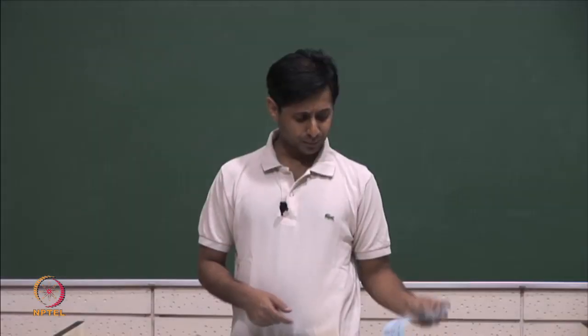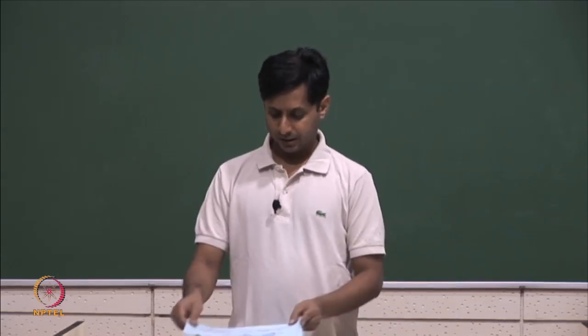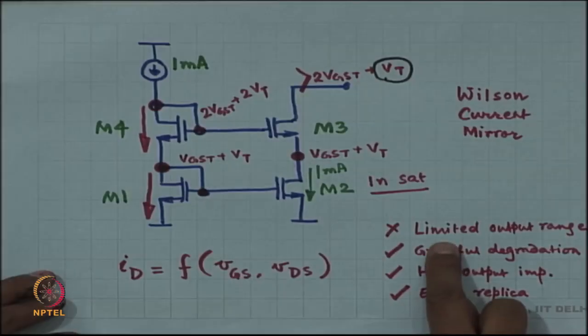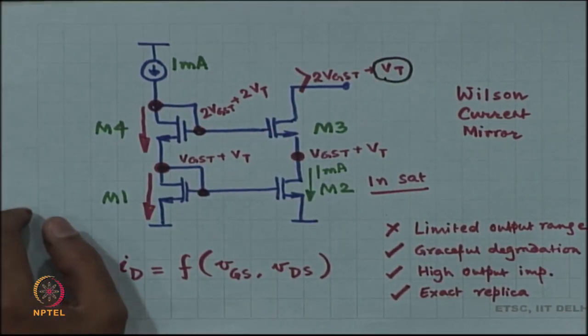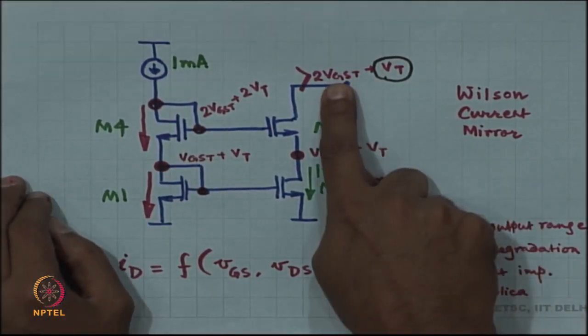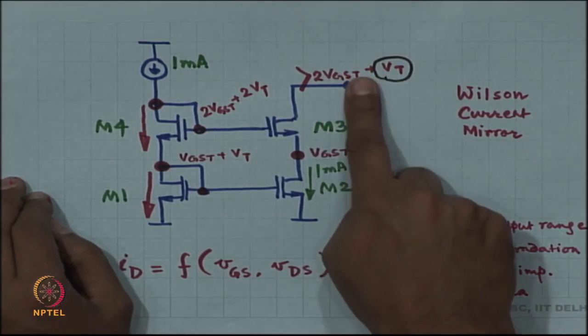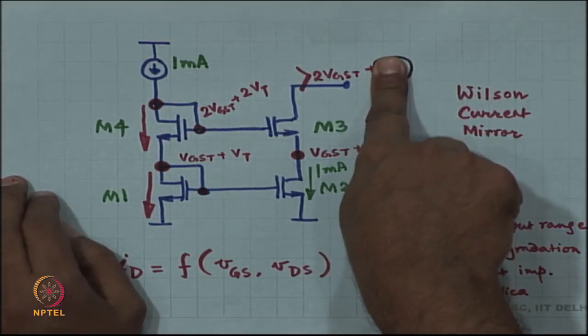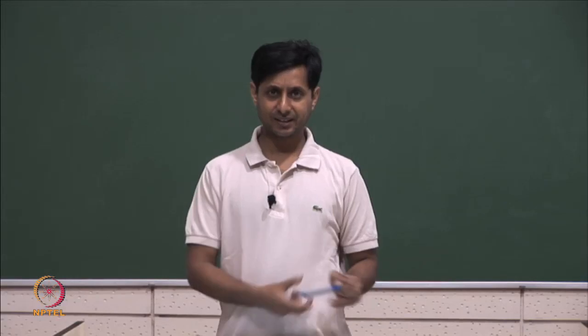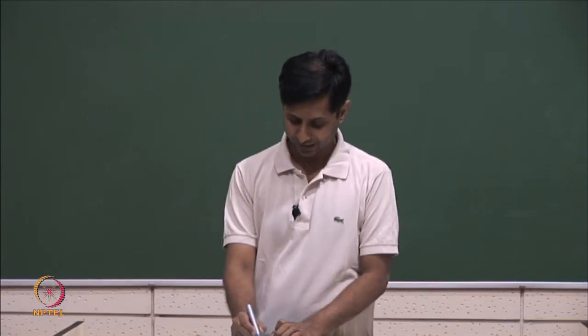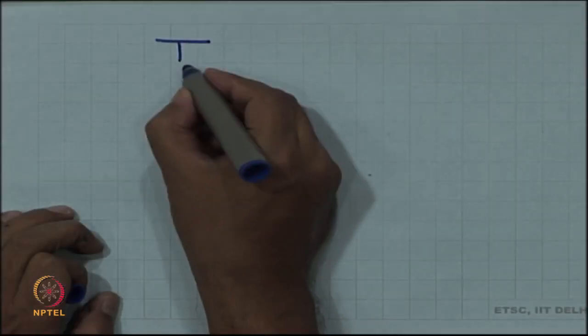One popular question is, this Wilson current mirror is not really optimal in terms of output range. I wanted exactly 2 VGST and not 2 VGST plus a VT. Can that be arranged? And the answer is possibly we can arrange that also. It is not very difficult.